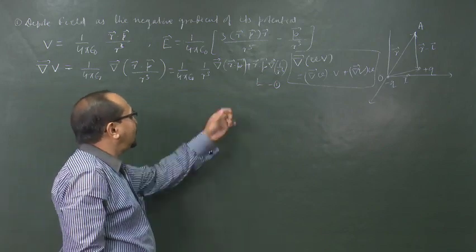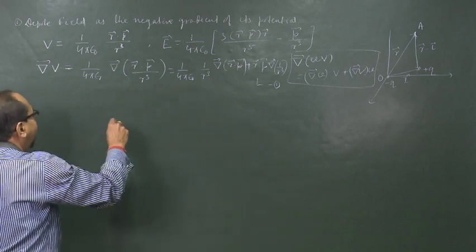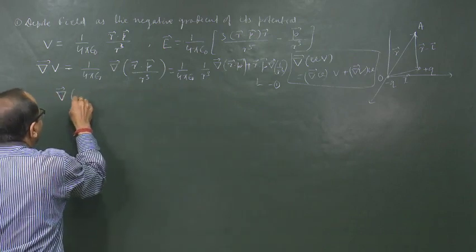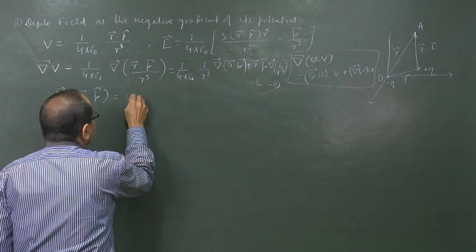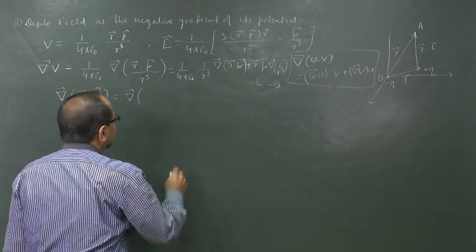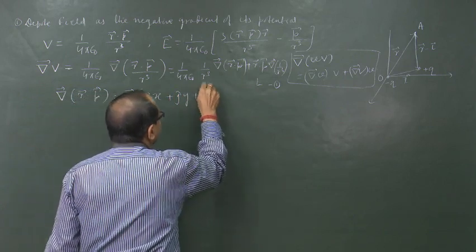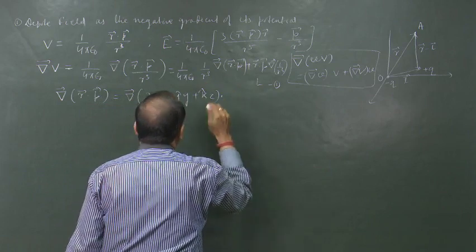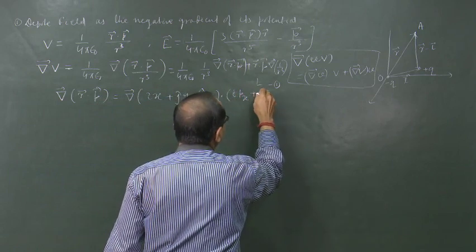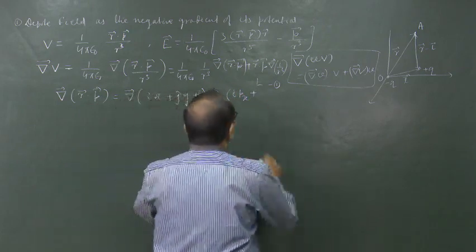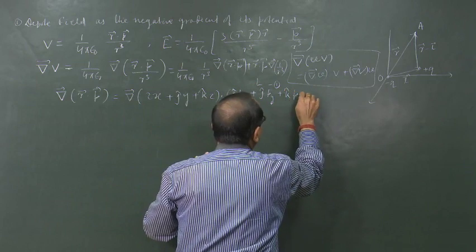Now, let us find the first term. First, let us find the gradient of r dot p. It is equal to the gradient of r, which is i cap x plus j cap y plus k cap z, dot p, the dipole moment, which also has three components, that is i cap p x plus j cap p y plus k cap p z.